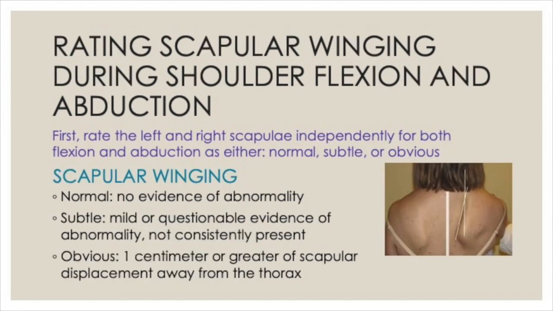First, you will rate the left and right scapulae independently for both flexion and abduction as either normal, subtle, or obvious abnormality. Subtle scapular winging abnormality is characterized by mild or questionable evidence of abnormality, but it is not consistently present. For obvious evidence of scapular winging, there's 1 centimeter or greater of scapular displacement away from the thorax.